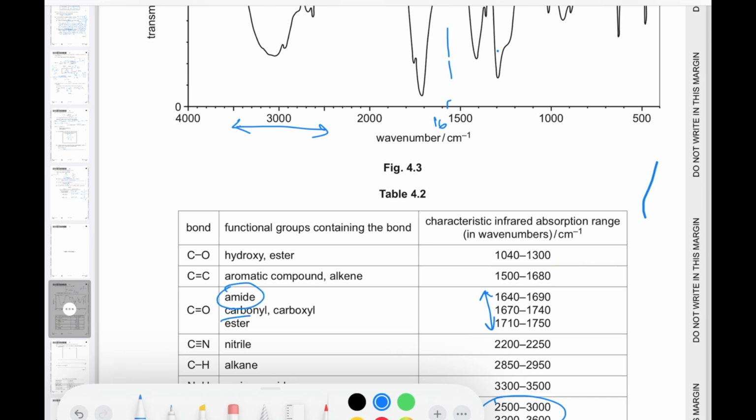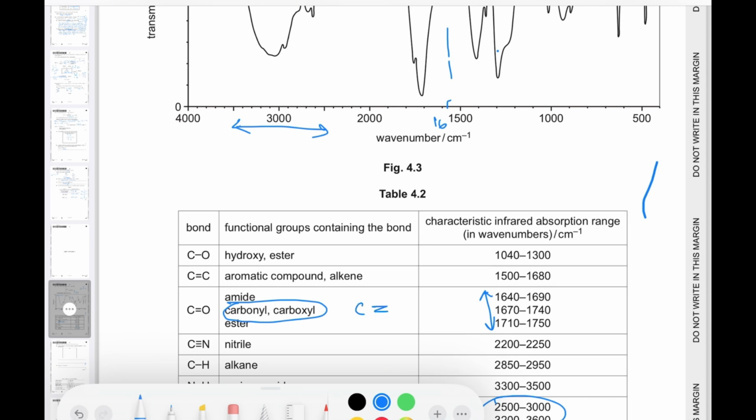This is also not going to be an ester because we have already determined the broad peak to be indicative of the presence of a carboxylic acid group. That means the peak that we are going to use in our answer would be caused due to the carbonyl carbon or the carboxyl functional group with the double bond between carbon and oxygen.